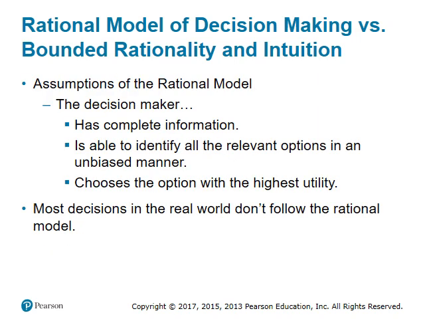The rational decision-making model assumes the decision maker has complete information, is able to identify all of the relevant options in an unbiased manner, and chooses the option with the highest utility. Most decisions in the real world don't follow the rational model. People are usually content to find an acceptable or reasonable solution to a problem rather than the optimal one.